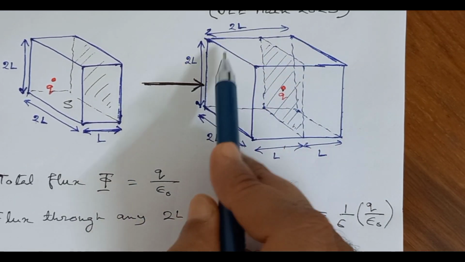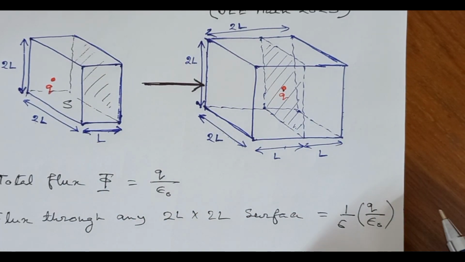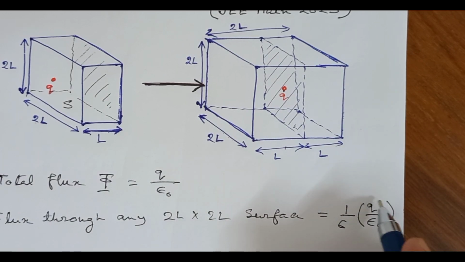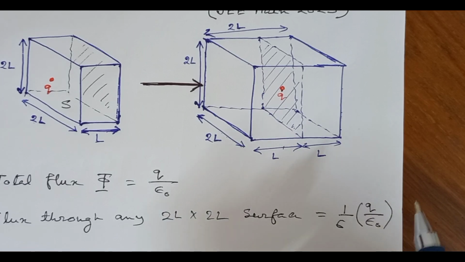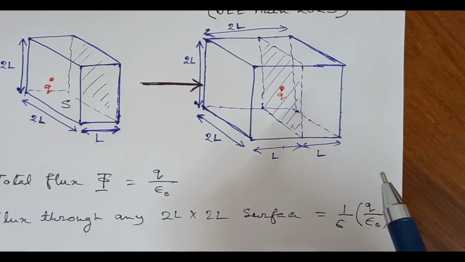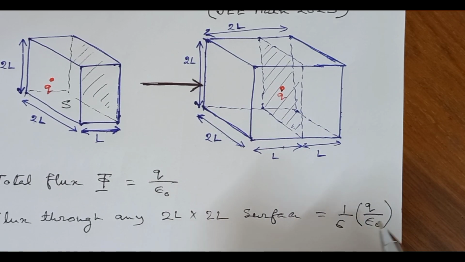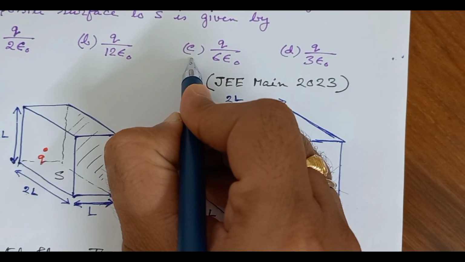Since there are 6 surfaces and the flux through any one surface is equal to that through the other, we can divide this q by epsilon 0 by 6. So the flux through any one 12 by 12 surface is 1 by 6 q by epsilon 0. That is, option C is the correct option.